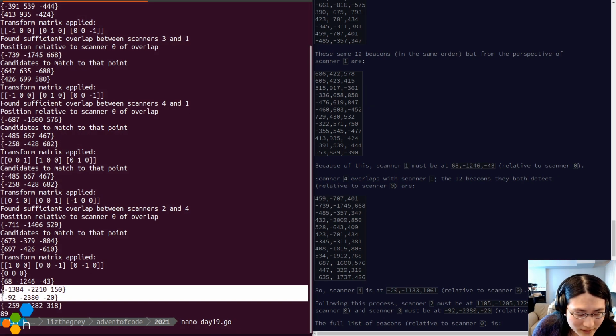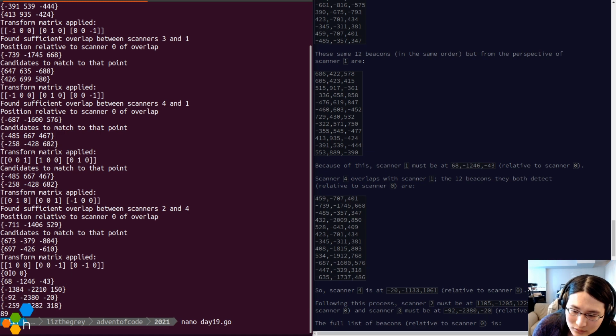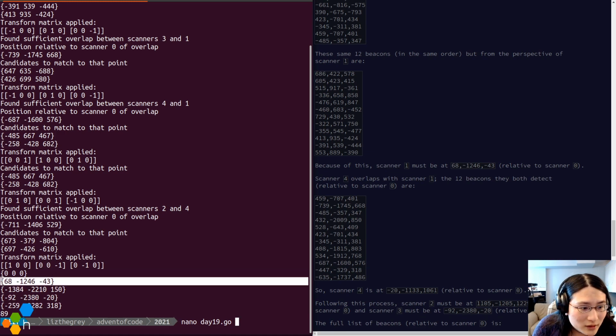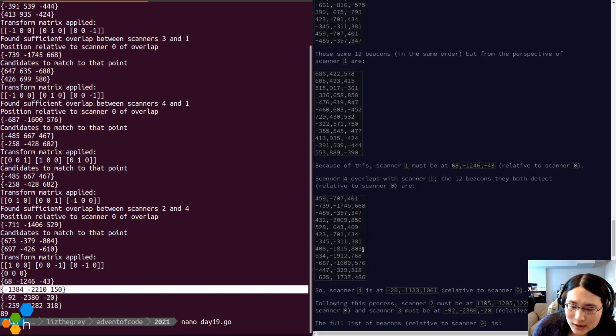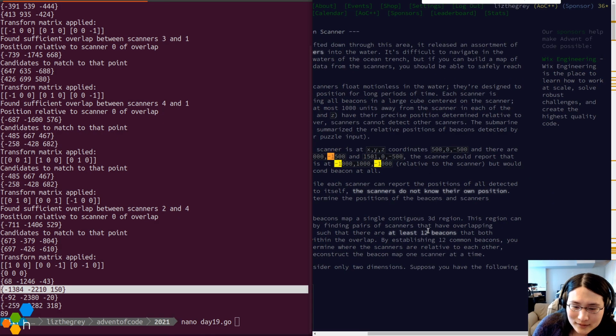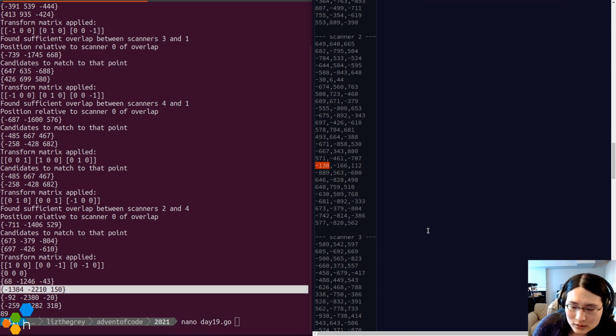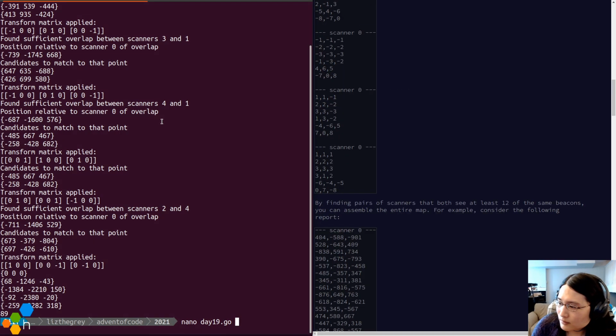Scanner 3 is at -92, 2380. Scanner 0 is correct. Okay, so that's correct now. But why are these wrong, even though they're now consistent? Yeah, 0, 1, and 3 are all correct, no axis swap.